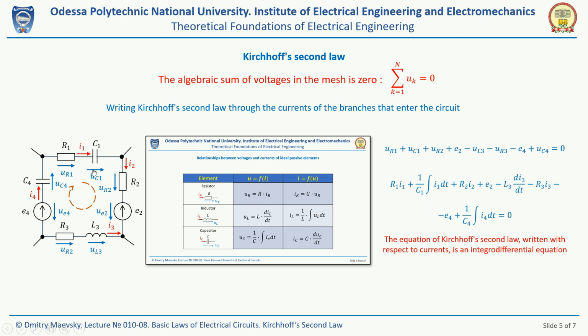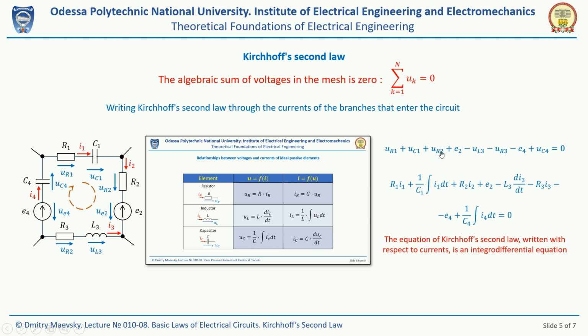The next voltage is a capacitor voltage, and according to this table we should use the integral: 1 over C1 times the integral of I1, this is the current of this capacitor, by dt.